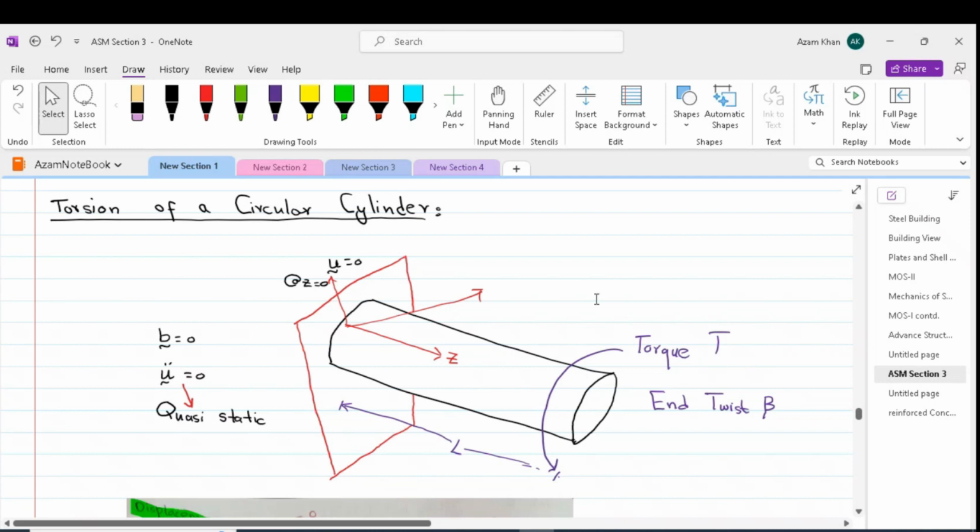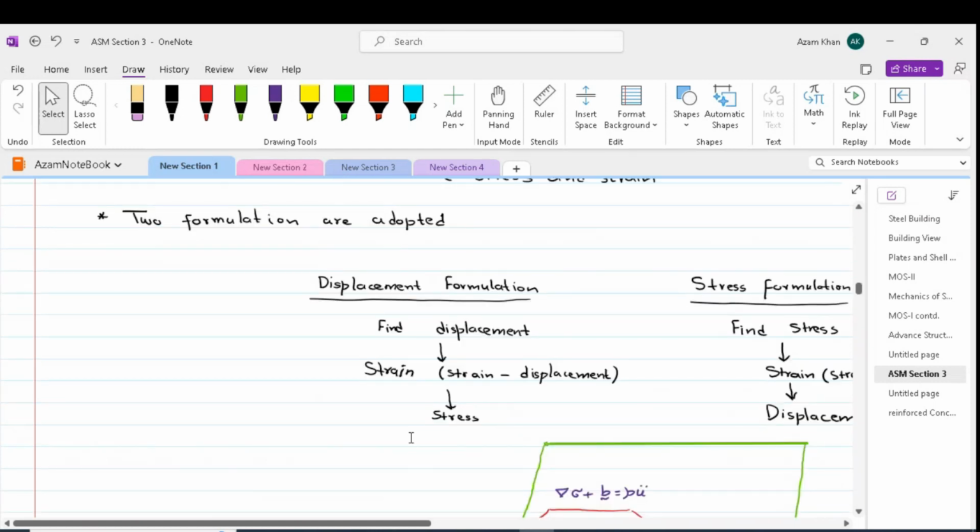We will assume that the material constants are already known, and we will try to find out the expressions for stresses, strains, and displacements. We will try to solve this problem using the so-called displacement formulation. In our previous presentation, we discussed that in the case of displacement formulation, we have to start from displacement.